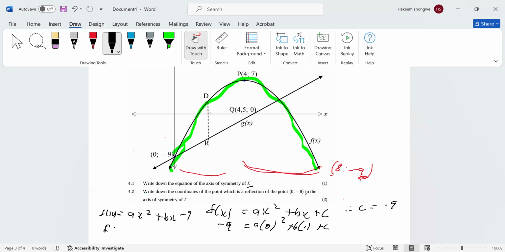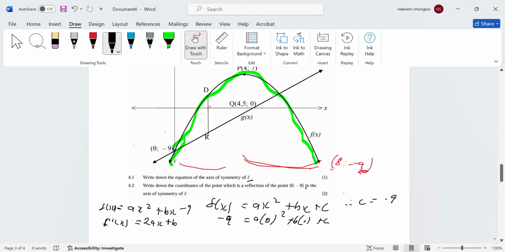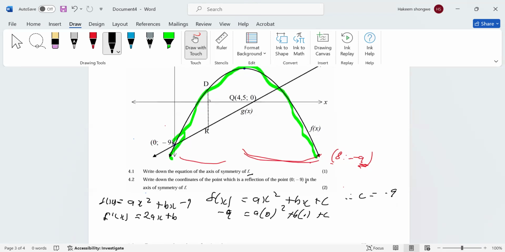Okay. f prime of x is equal to 2ax plus b. Constant. Yes. So then, what is 2?